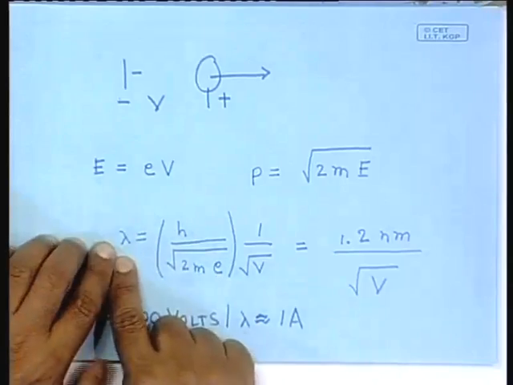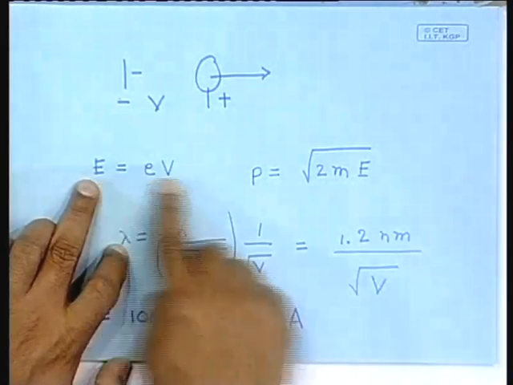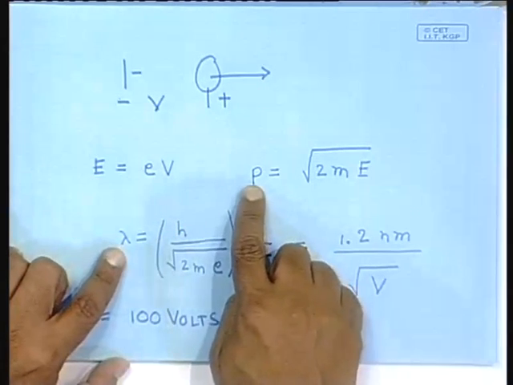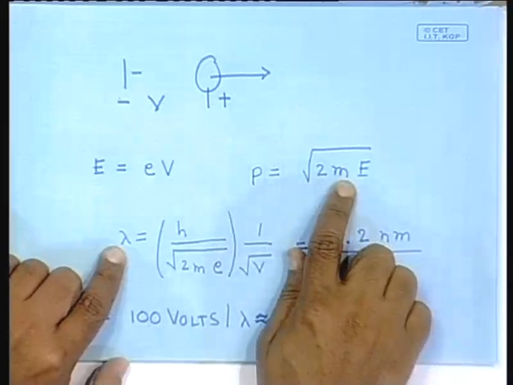We are going to discuss this extensively in the coming lectures, but before finishing today's lecture, there are a few points which I should make. The first point is as follows: when we calculated the wavelength of the electron in the electron gun, we assumed that the electron is non-relativistic and the momentum and the energy are related as follows.